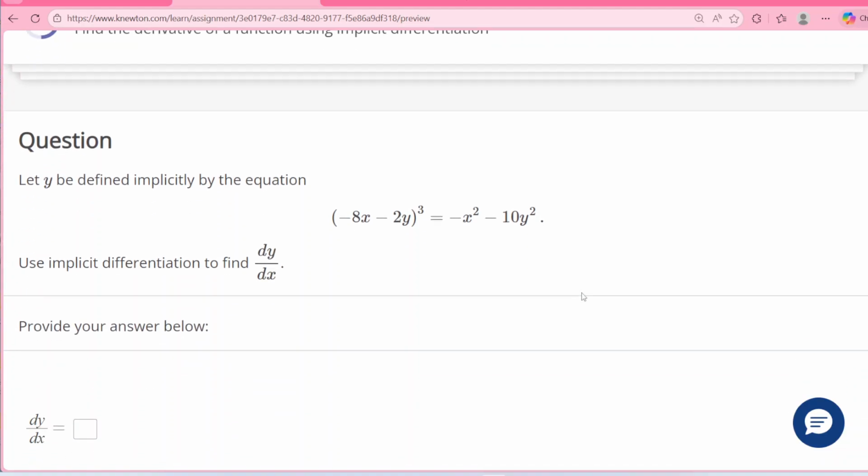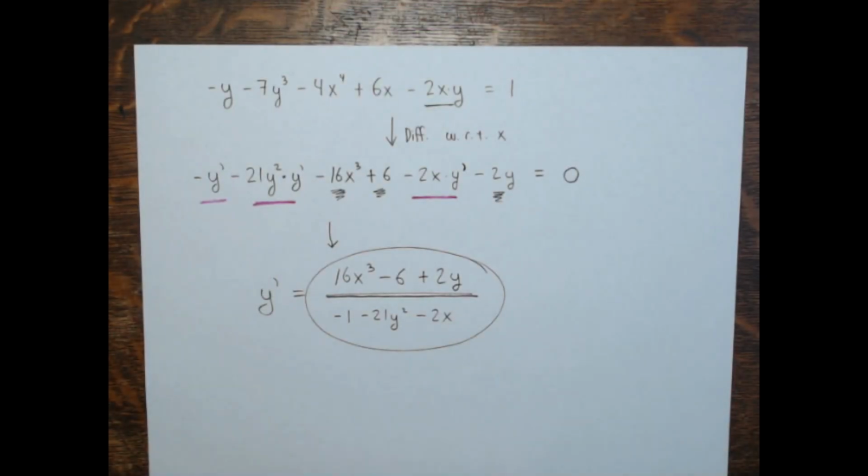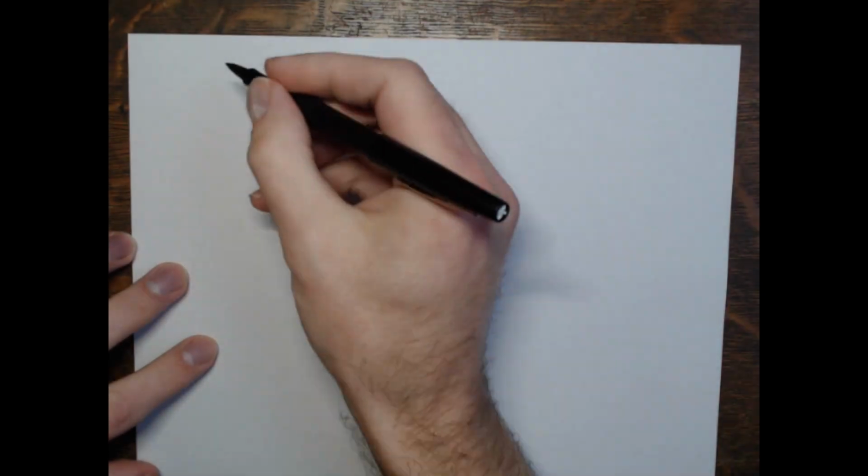All right, so more of the same. This is very similar. All these problems seem to be. So the curve we're given this time is the following, right?